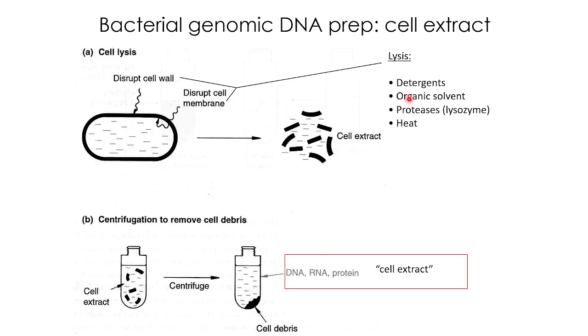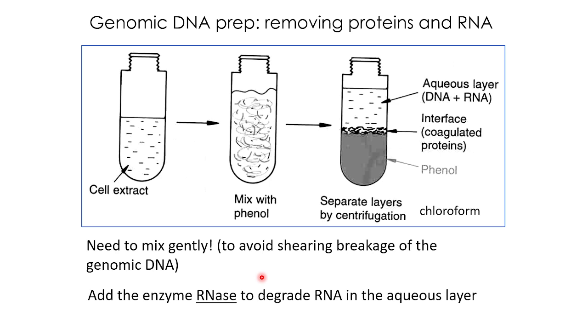So you use detergents, organic solvents, lysozymes, heat. You can use many of these things. Then you centrifuge to remove the cell debris and the chromosomal DNA. If you need the plasmid DNA, that's fine. So you collect the supernatant and purify it.